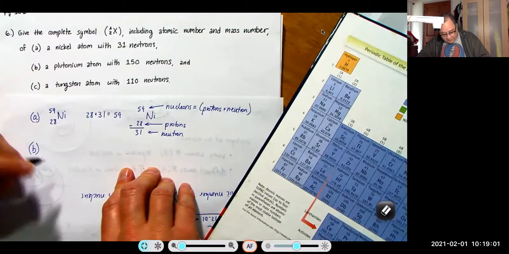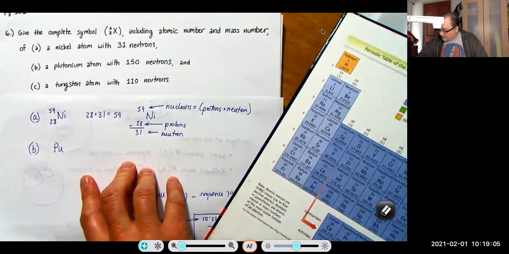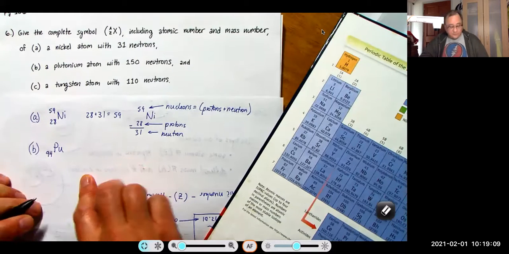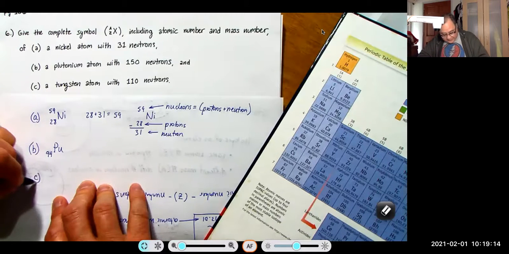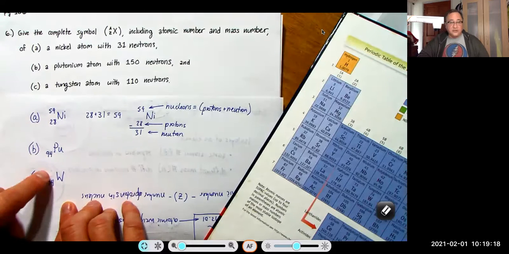So let's look at plutonium, which has 94, I believe. So I want you to figure out the number that goes up here. And for tungsten, which is 74, I want you to figure out the number that goes up here.